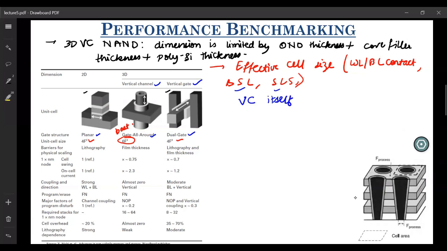You don't have to have another kind of transistors for that, right?